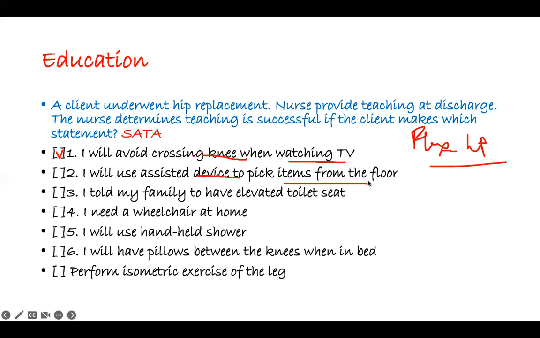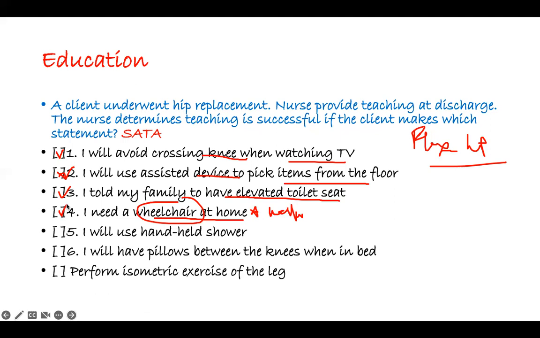Yeah, don't bend forward too much, past 90 degrees, as that will cause the prosthesis to come out. That's true. I told my family to get an elevated toilet seat. Yes, based on the pathophysiology. I will need a wheelchair at home. They don't need a wheelchair. When they leave the hospital, they walk in, so they can use a walker, but not a wheelchair.